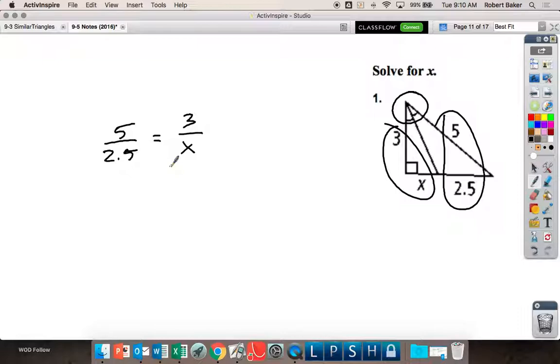Cross multiply. 3 times 2.5, 7.5. 5 times x, 5x. Divide both sides by 5.